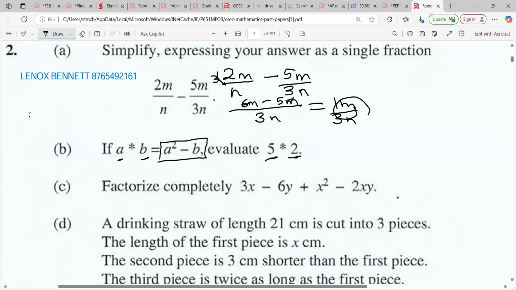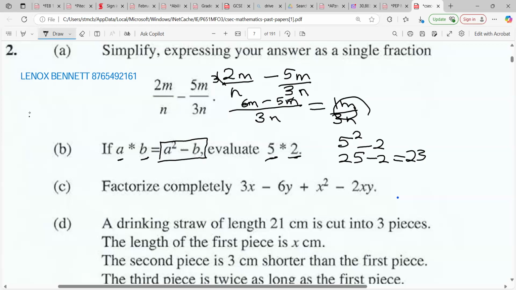So it's going to be 5 squared, because A is 5, minus B, which is 2. So 5 squared is 25, and we subtract the 2 from it. That gives us 23, so our answer would be 23.